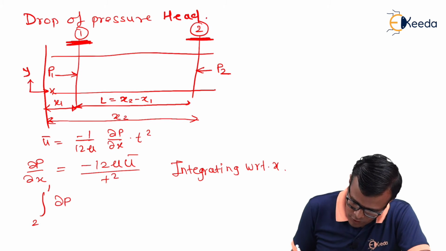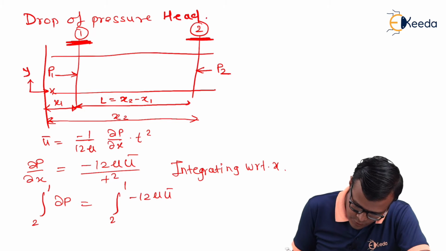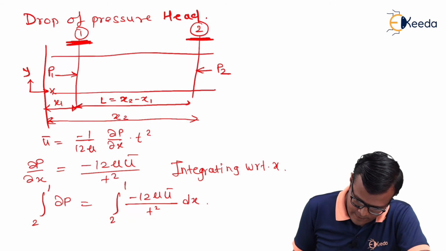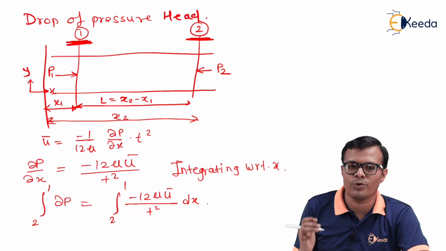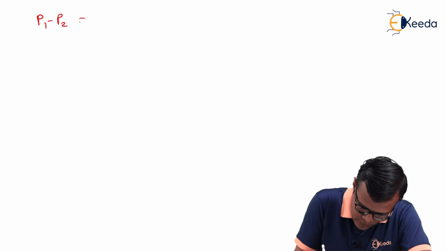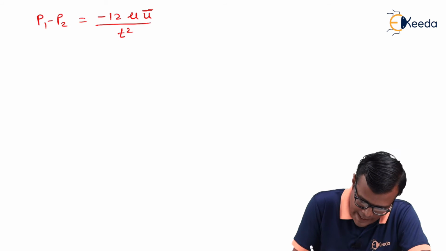This delta x will go on another side, will become integration 2 to 1 of minus 12 mu u bar upon t square into dx. So solving integration, we can have this delta p becomes p, having its limits from 2 to 1. So pressure becomes p1 minus p2, that is equal to minus 12 mu u bar upon t square. This term was constant and dx becomes x.